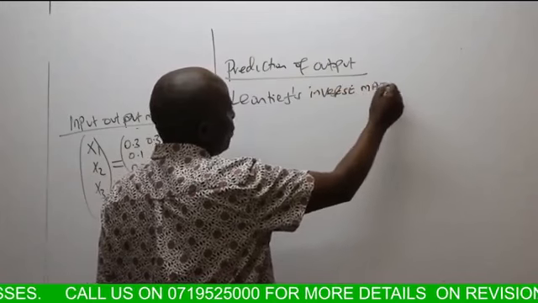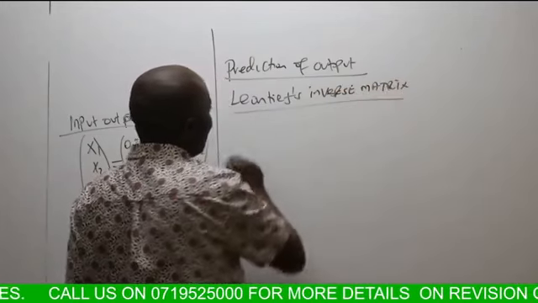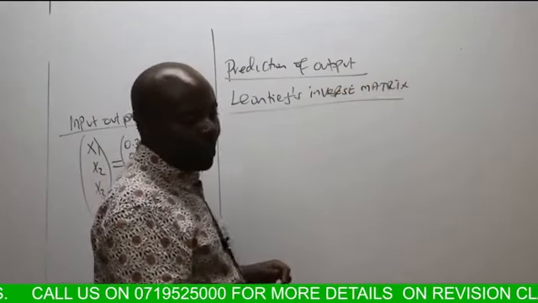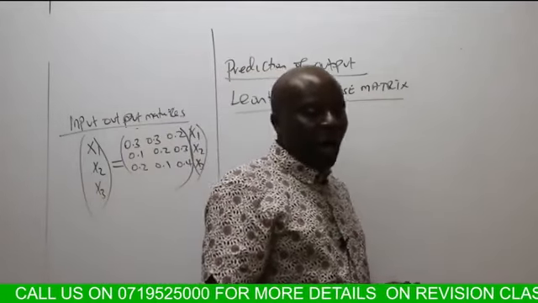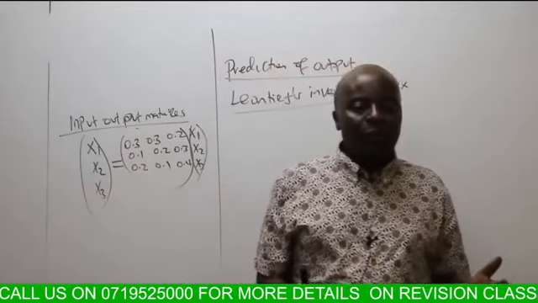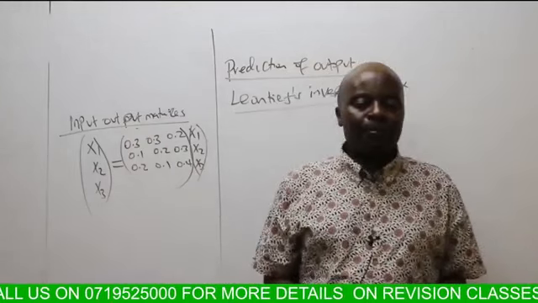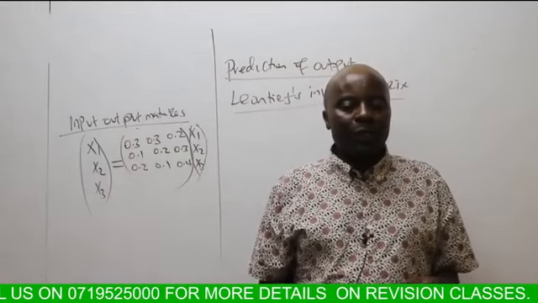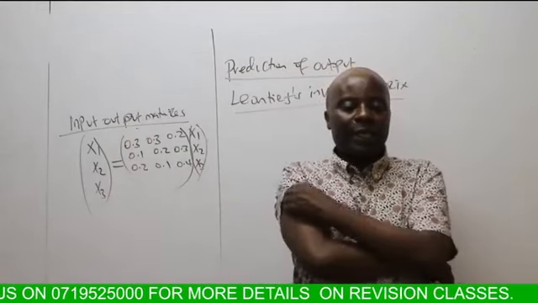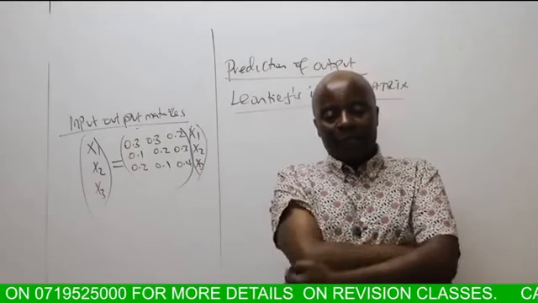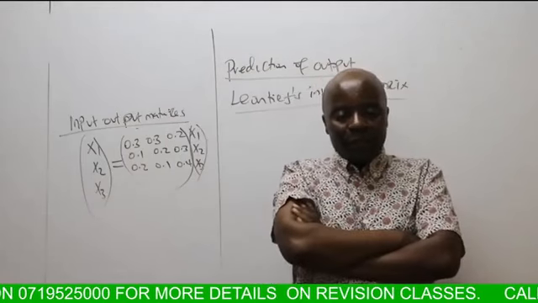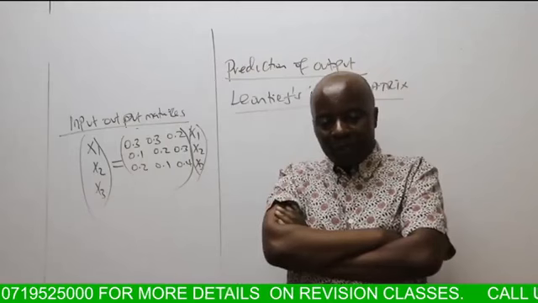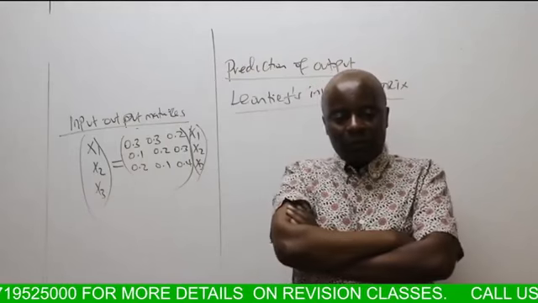I would want to see whether there is any student who will be in a position of remembering how we were writing the Leontief's inverse matrix. Is there anybody who can remember that equation?